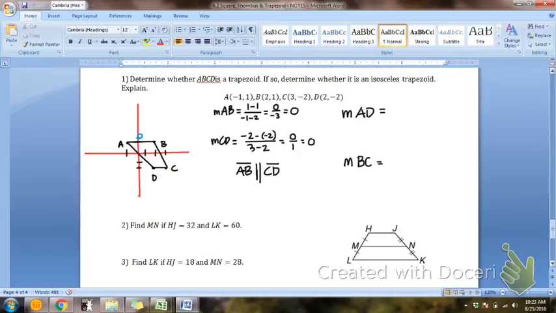Do it. You can do slope formula. Did you get -1 for the slope of AD? Yeah.